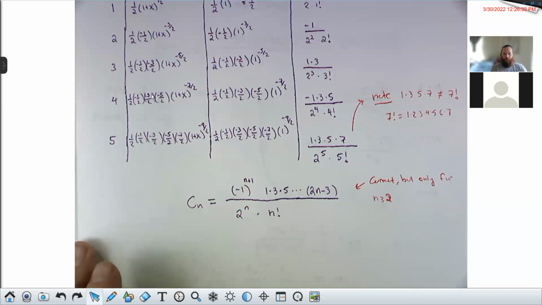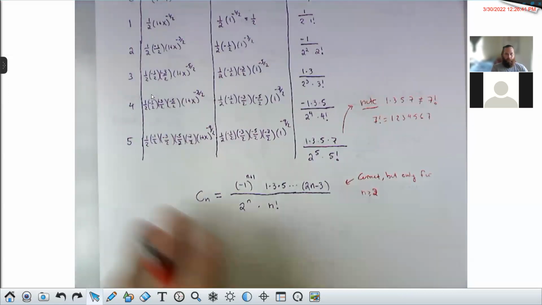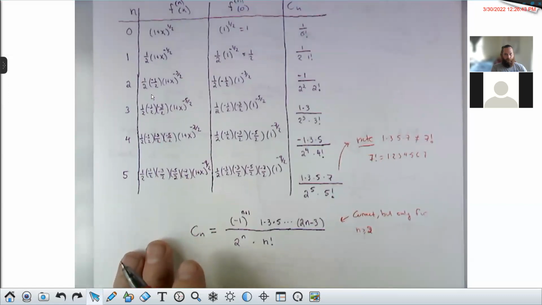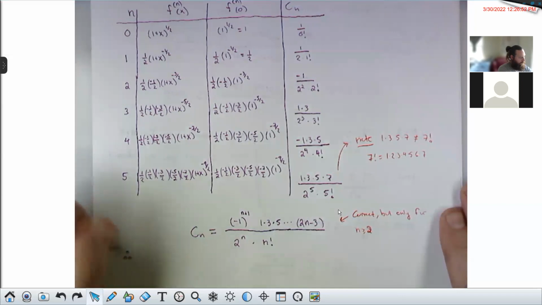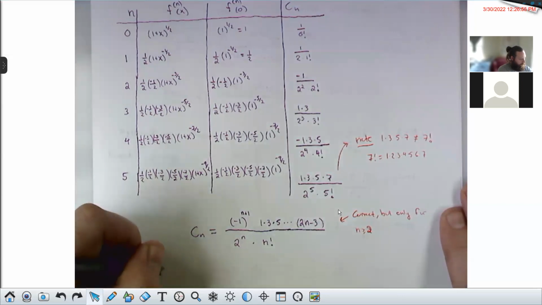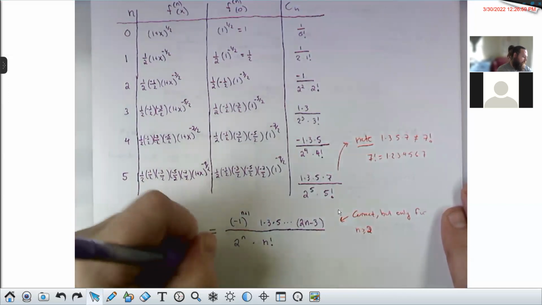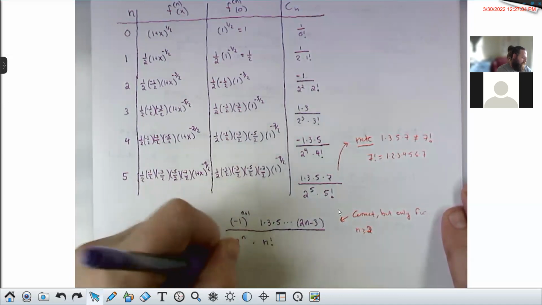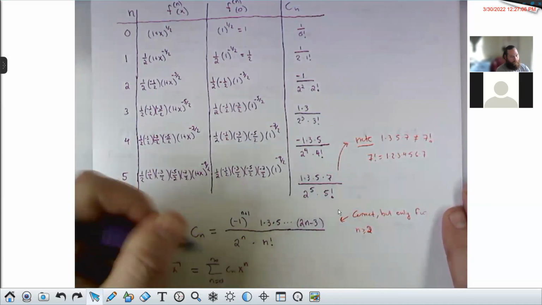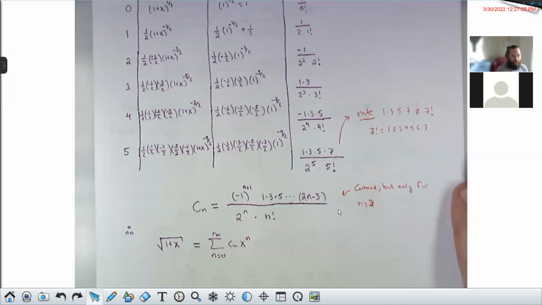So how are we going to take this and write down our power series if my formula for the Cn is only valid when n is greater than or equal to 2? Well, Taylor's theorem says this. And I can use my formula.